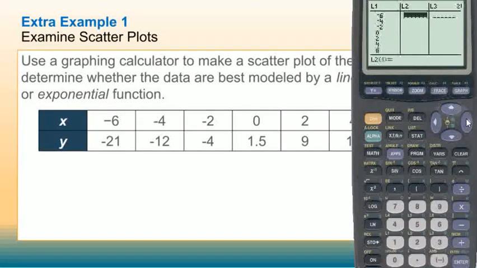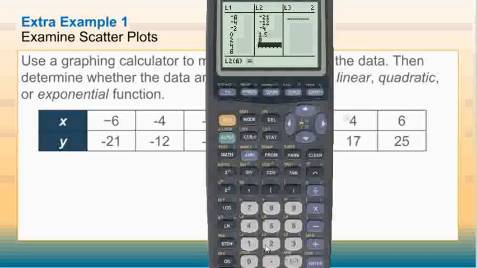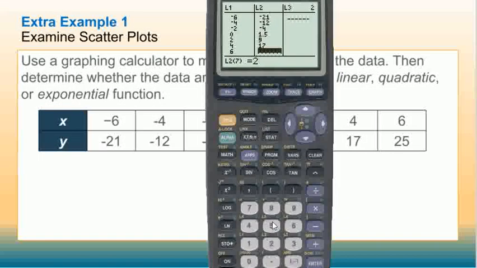Going over, now we have -21, enter, -12, enter, -4, enter, and then 1.5, enter, 9, enter, 17, enter, and 25, enter.